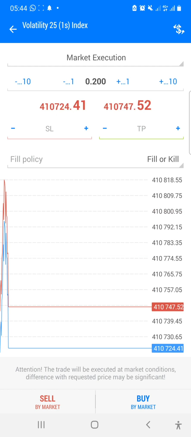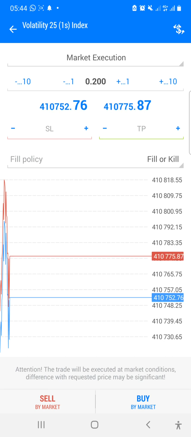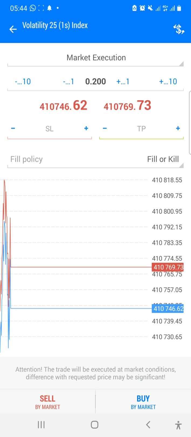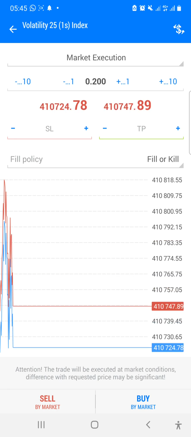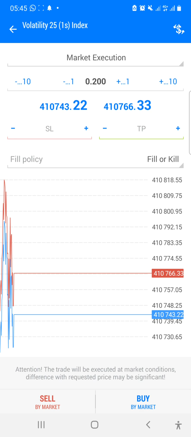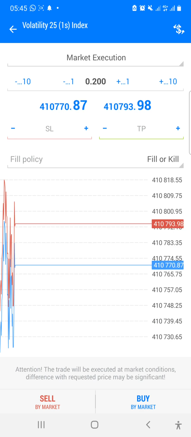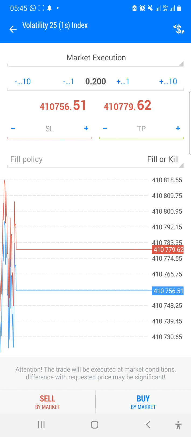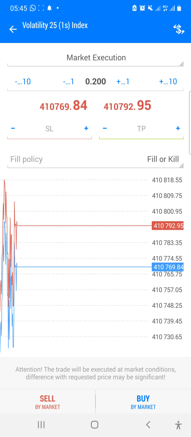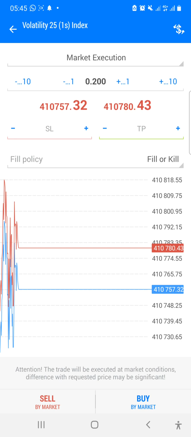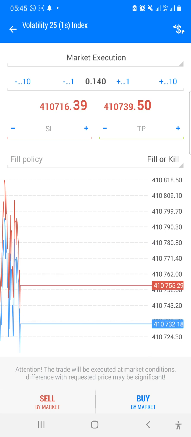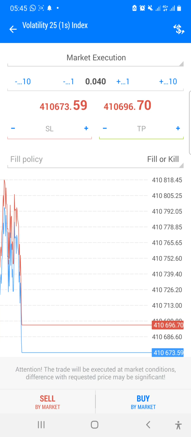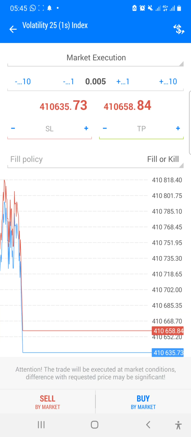Don't forget, we know that 0.2 lot size is $2 per pip, and we're having a 600 pip stop loss. If you should use this, it means 0.2 times 600, that's $2 times 600, that's $1,200, and you're having maybe $100, $50 in your account. So you have to go to the least lot size first. Let me show you the least lot size here. The least lot size on volatility 25 index is what?